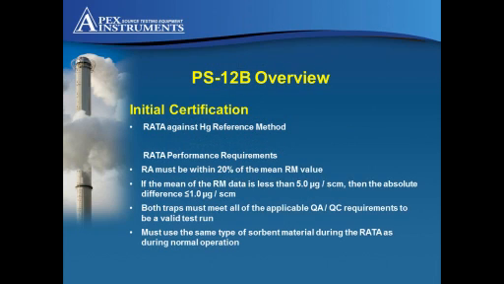The initial RATA certification is well defined in PS12B. Most importantly, the use of the same sorbent media for the 12B system and the 30B RATA system. Both traps, however, must meet the QA/QC tolerance requirements as specified in the method.